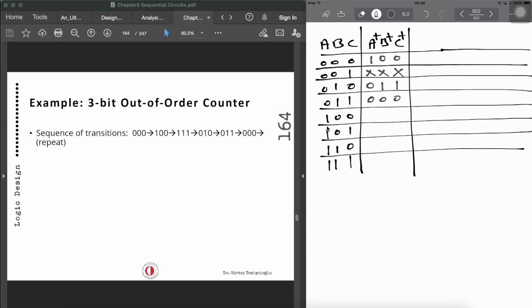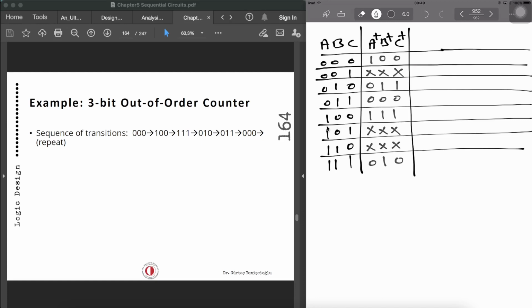And 1, 0, 0 goes to 1, 1, 1. And 1, 0, 1 is also unused. 1, 1, 0 is also unused. And 1, 1, 1 goes to 0, 1, 0. So here are the present states and the next states.